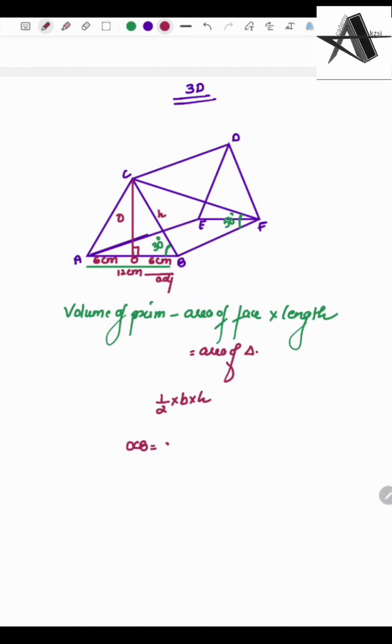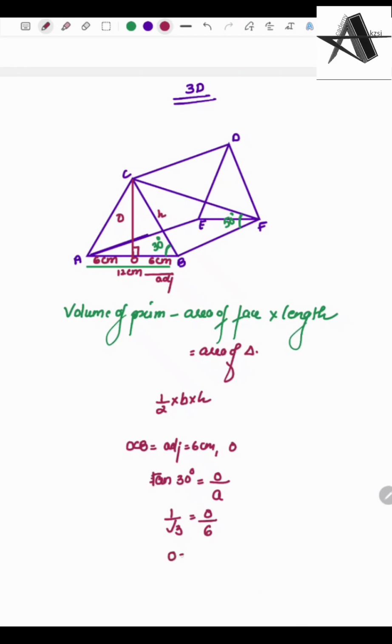So we know adjacent, that is 6 centimeters. We need opposite. Adjacent and opposite are connected by tan. So I can apply tan 30 degrees equals opposite over adjacent. Tan 30 is 1 over root 3. Opposite we have to calculate, adjacent is 6.